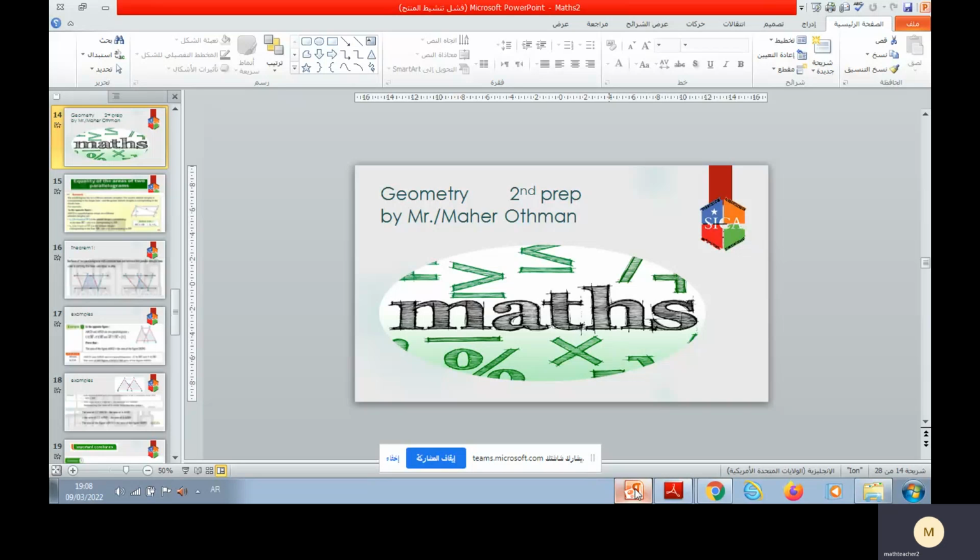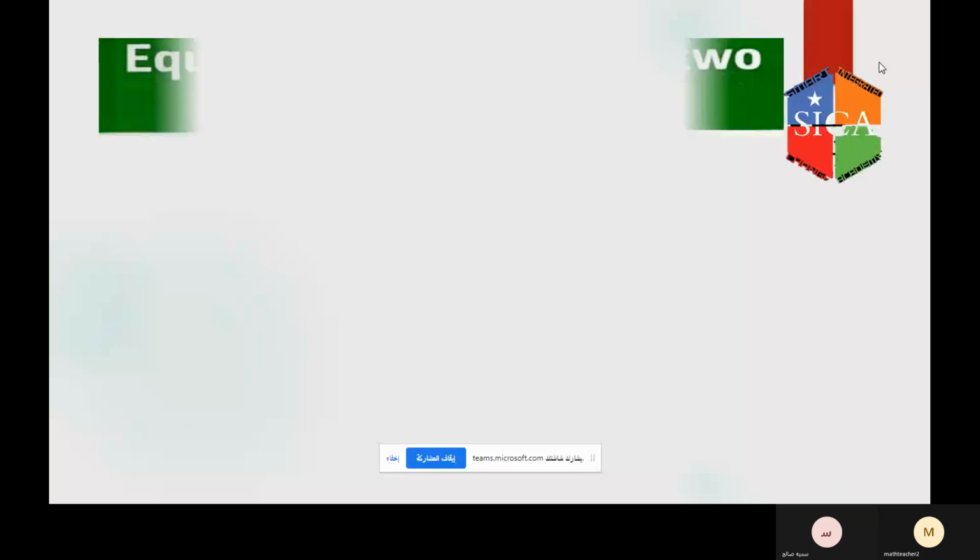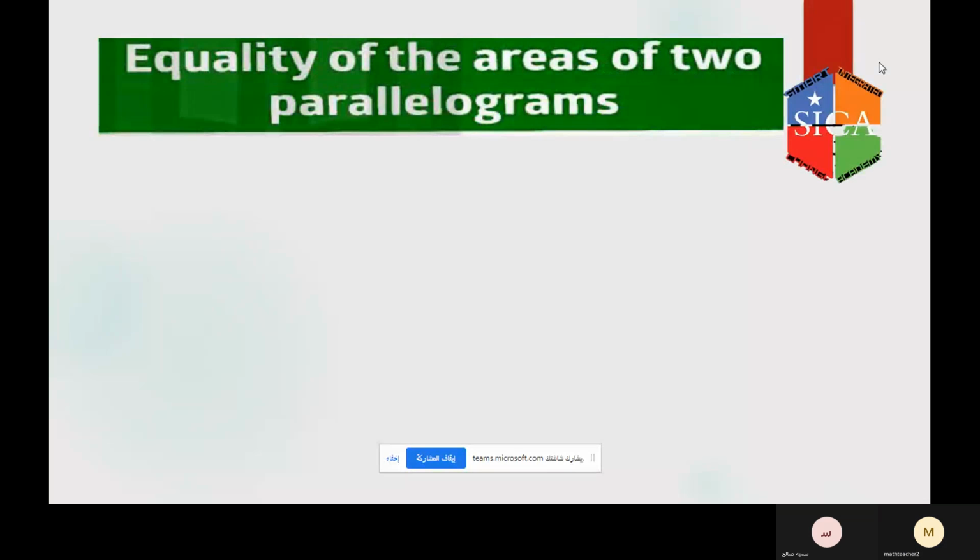Assalamu alaikum wa rahmatullahi wa barakatuh. Our lesson today, geometry. Equality of the area of two parallelograms.